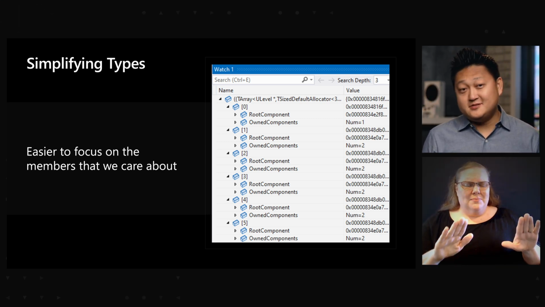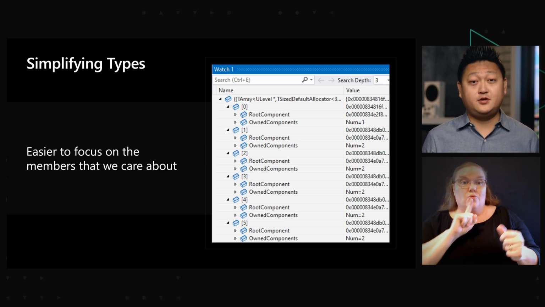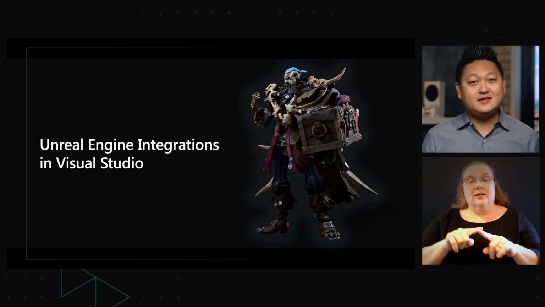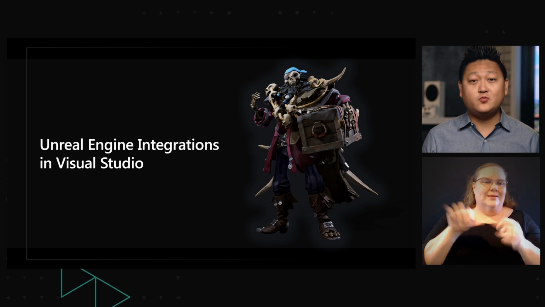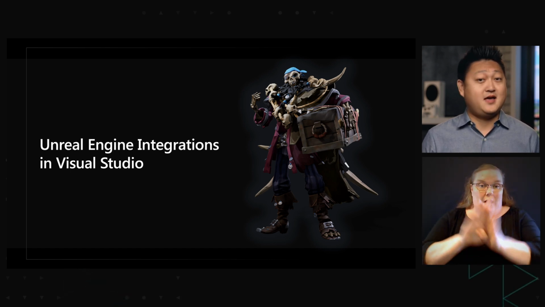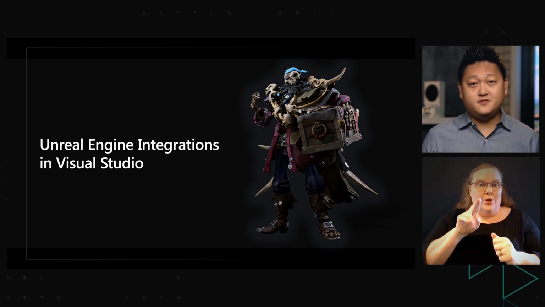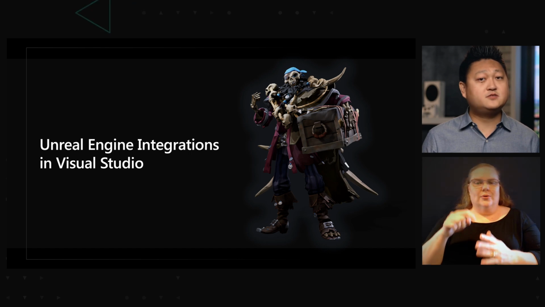Using natvis while debugging Unreal Engine projects is a powerful way Visual Studio can boost your productivity. At Visual Studio, we consistently receive your feedback about various ways to enhance the Unreal Engine development experience. As a result, we work with first-party studios like Rare to develop deep Unreal Engine integrations for Visual Studio 2022.